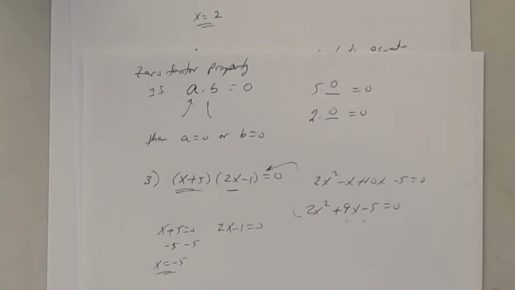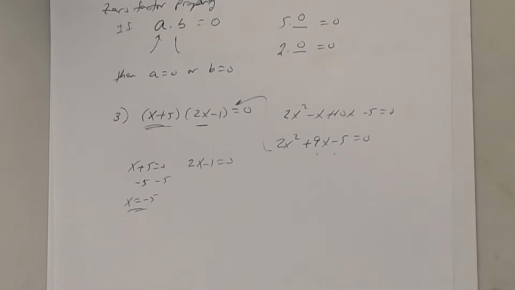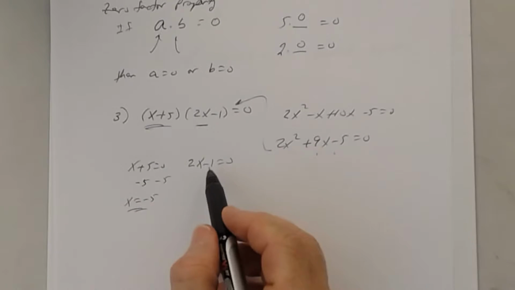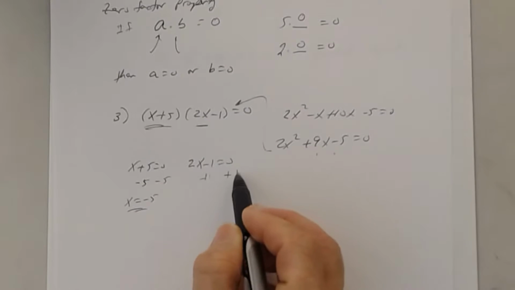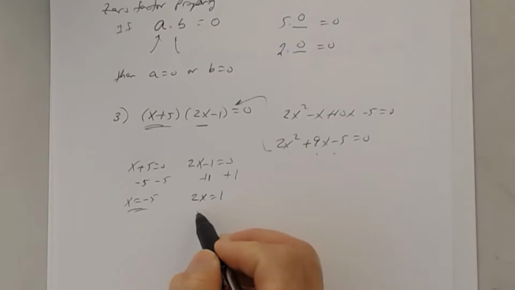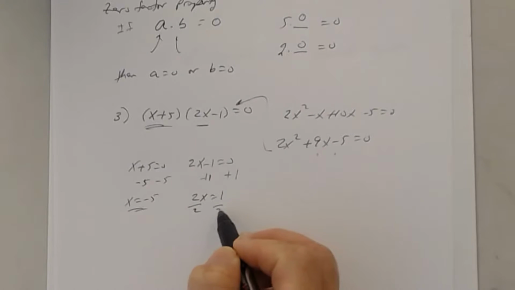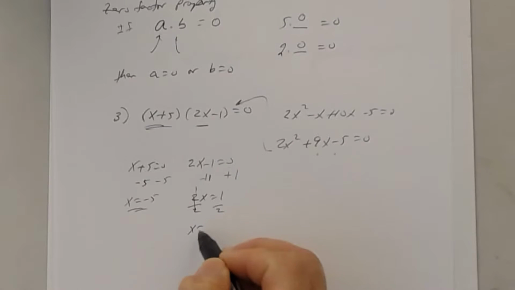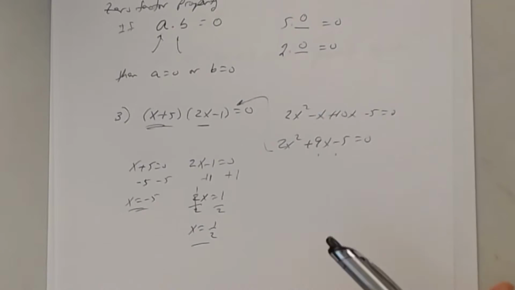So x is negative 5. Over here, how do I get x by itself? First of all, add 1 to both sides. And so 2x equals 1. Then divide both sides by 2. And so what's x? 1/2. So x is 1/2. So those are your two solutions. So there are two solutions.